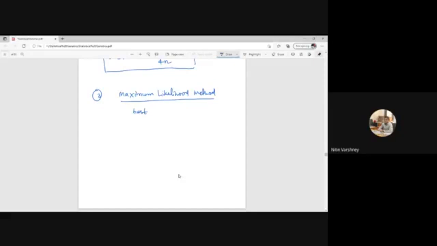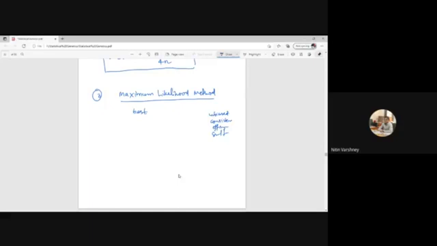There are some properties: unbiasedness, consistency, efficiency, sufficiency. So whenever we use the maximum likelihood estimator, it gives us all the criteria: a consistent estimator, an efficient estimator, and a sufficient estimator.